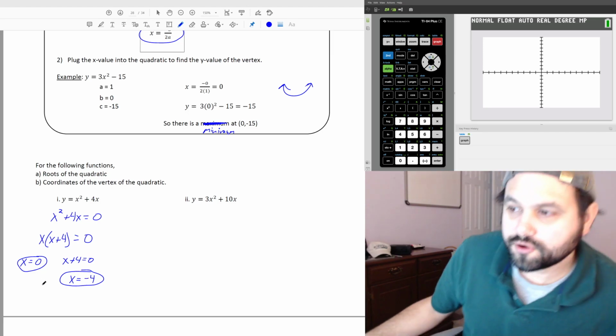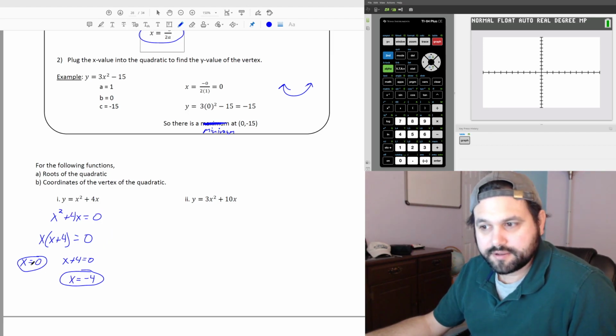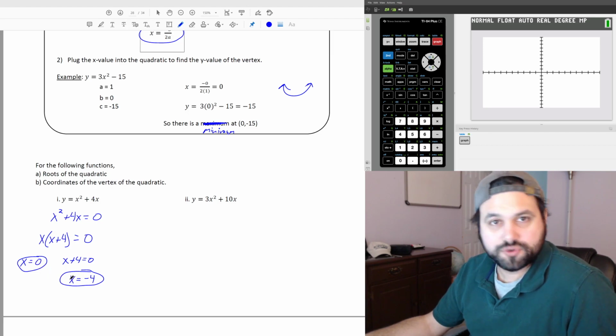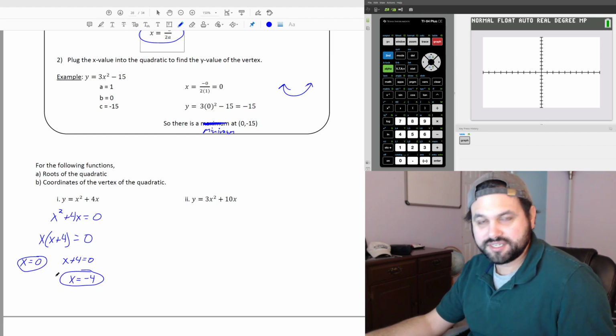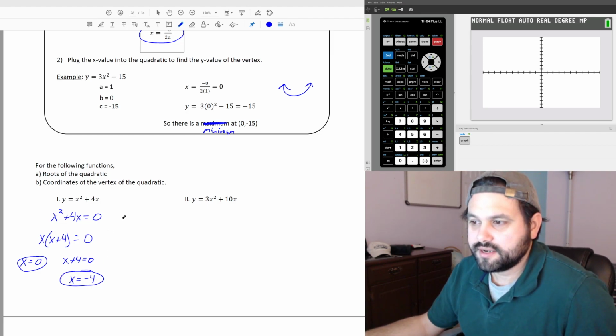Okay, so the coordinates of the vertex, well, now I can use this idea where I'm going to look right between these two, right? What's right between 0 and -4? Well, that would be -2. So I'm going to plug -2 into the function and evaluate it. That's going to give me 4 minus 8. And so I'm going to have a y value of, let me split this so we know what we're doing here.